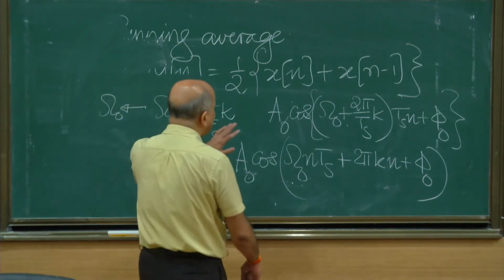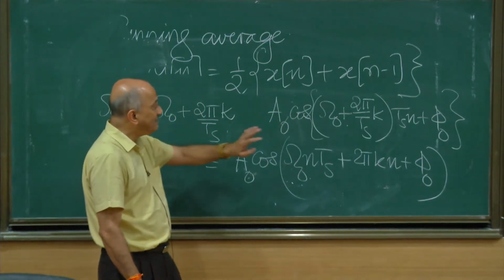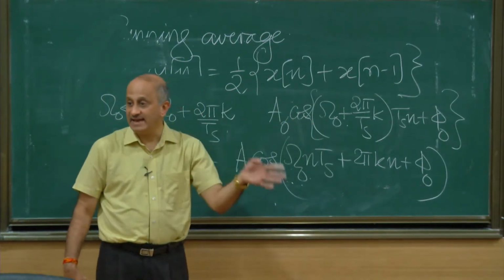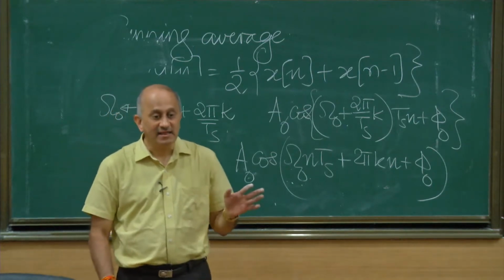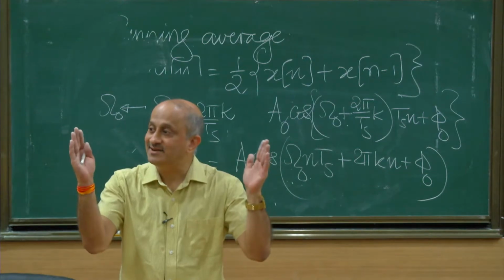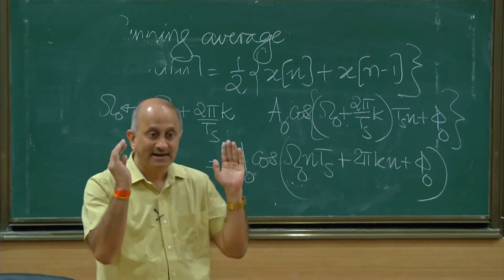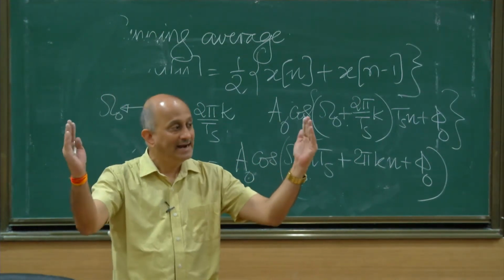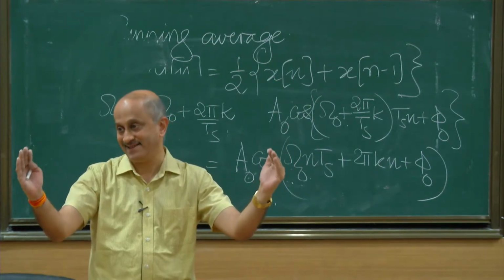Any multiple of the angular frequency of sampling leaves this sequence unchanged, which means that if you're going to do anything with that sequence, you can only work with a restricted range of frequencies. What is that restricted range of frequencies? One region of 2 pi by Ts.